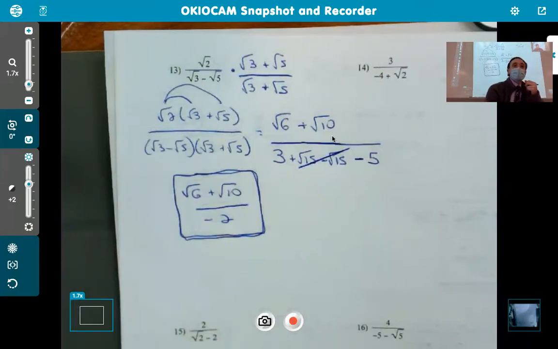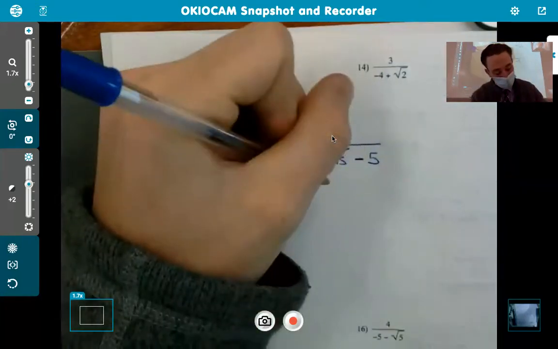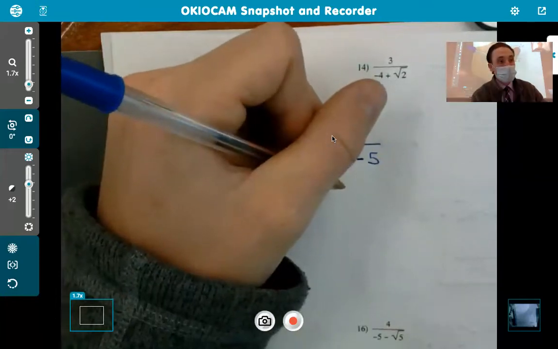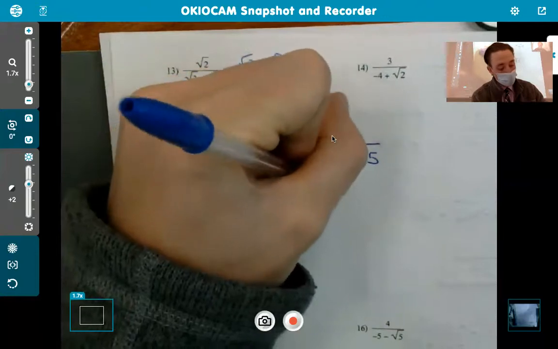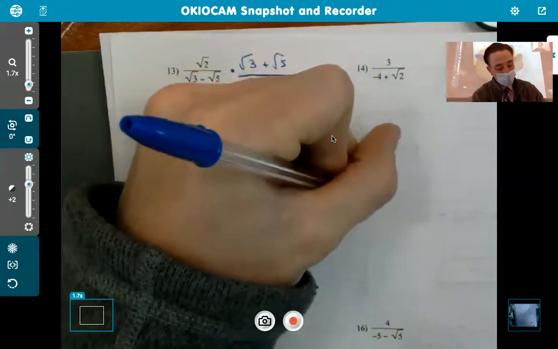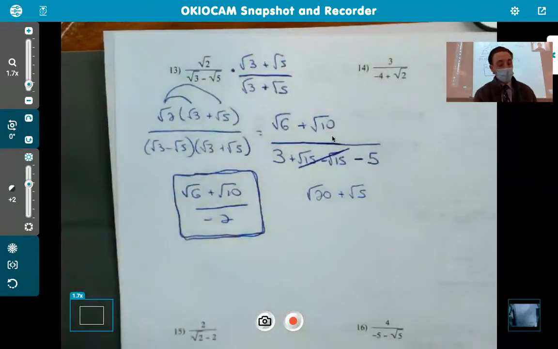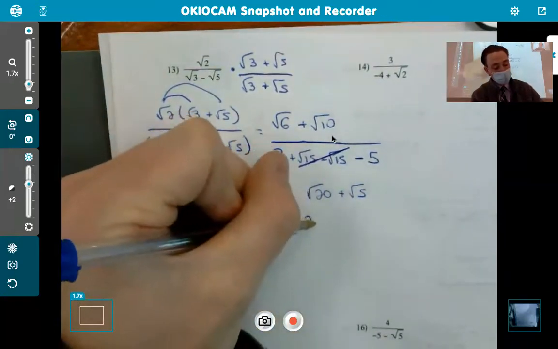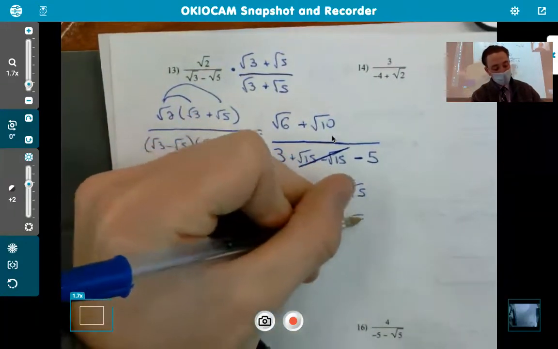So in order to add them, they have to have the same thing underneath the root, which you can't create because you can't break them down any further. So it's not like multiplying where you can just add whatever's underneath there. For example, if I had root 20 and root 5, I can break down root 20 into 2 root 5 plus root 5.